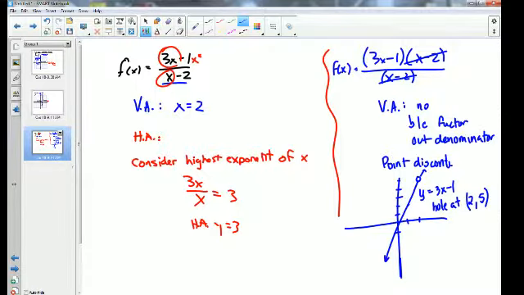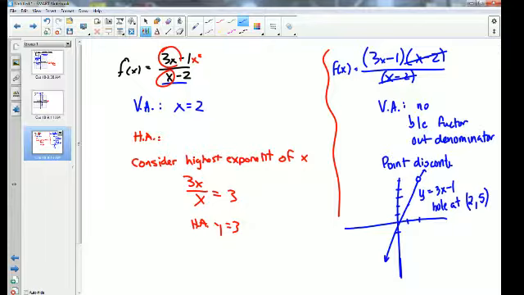If an x value makes the denominator and the numerator 0, point discontinuity at that x value. If it only makes the denominator 0, like here, if you plug 2 in, you get 5. This is an infinite discontinuity with a vertical asymptote.